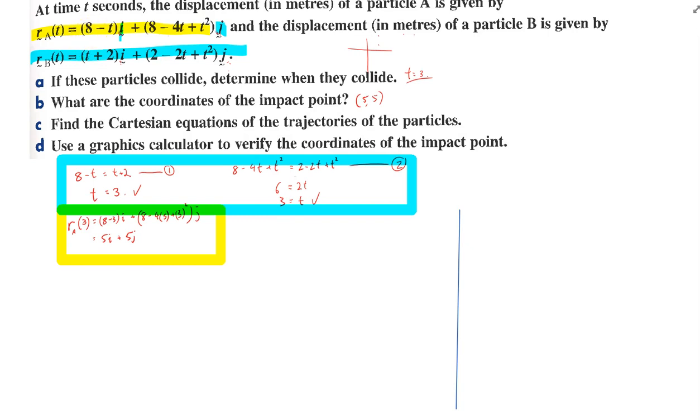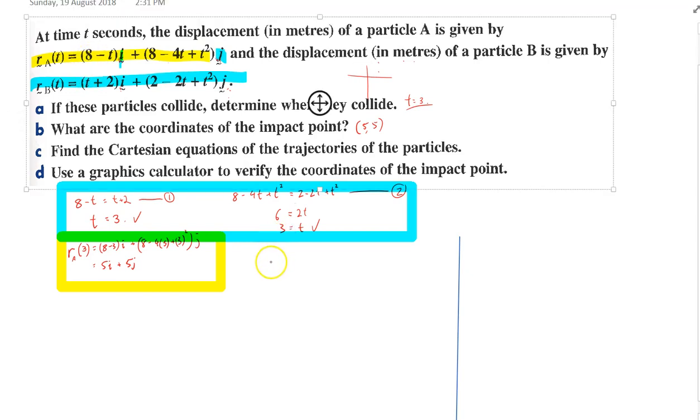So we'll need to do it for this first particle here. We know that the x coordinate of this one is 8 minus t, and we know that the y coordinate of this one is 8 minus 4t plus t squared.